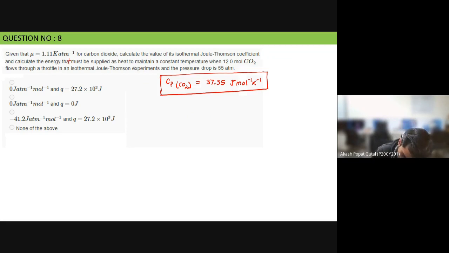And take into mind that mu at isothermal condition, that is the isothermal Joule Thomson coefficient, is nothing but mu T, and the relation is mu T equals minus Cp into mu. Now you can relate. So you can easily calculate it.